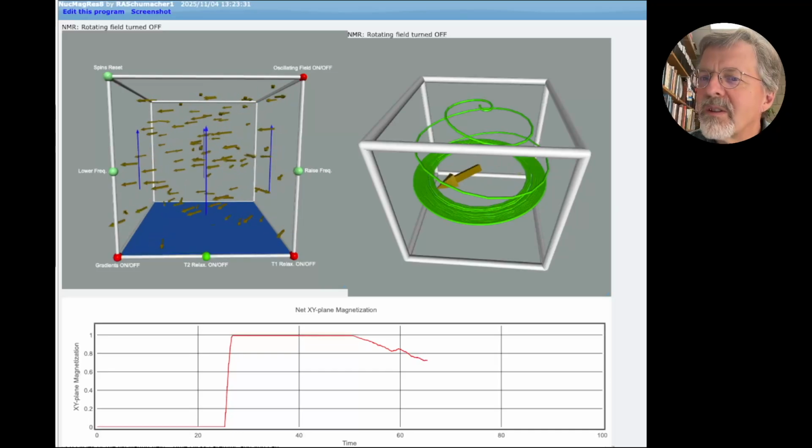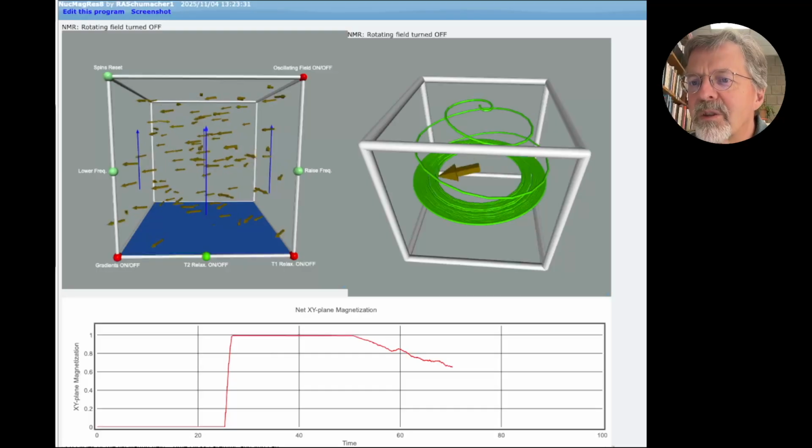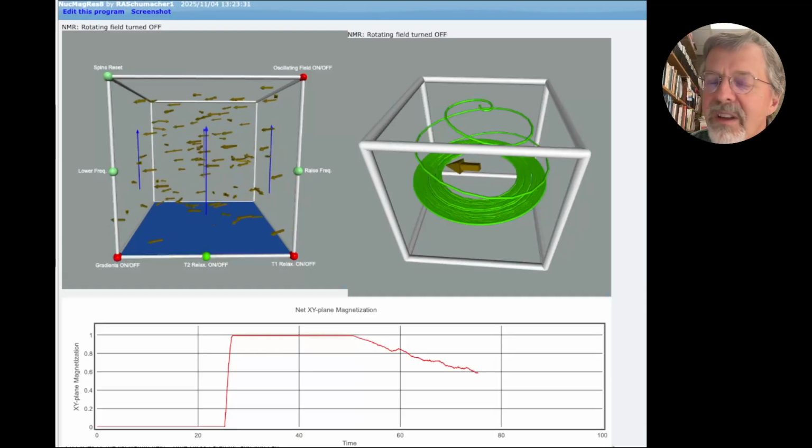So this is the model for the so-called spin-spin interaction, where each pairwise the spins can perturb each other's motion slightly, and the thing dies away. That is to say, the net magnetization in the horizontal plane slowly dies away.